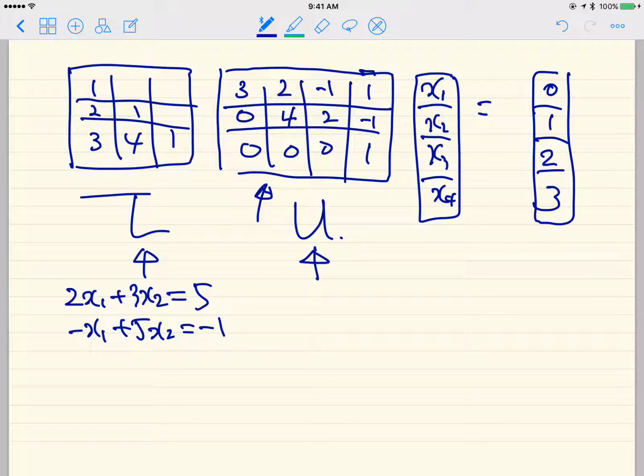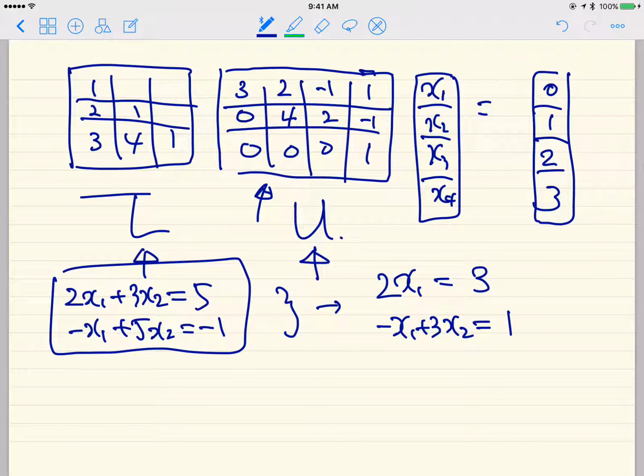I'm going to give you this equation, and then the other linear system where 2x1 equals 3, and then minus x1 plus 3x2 equals maybe 1. In the left case, we would do row replacement and things like that.